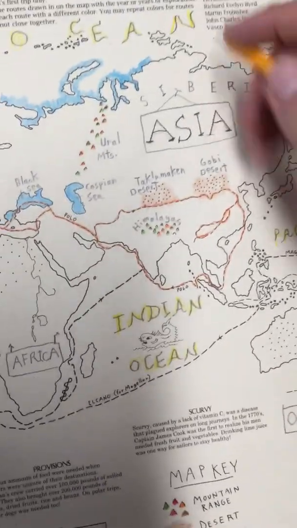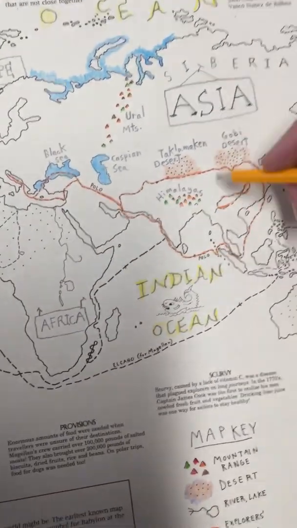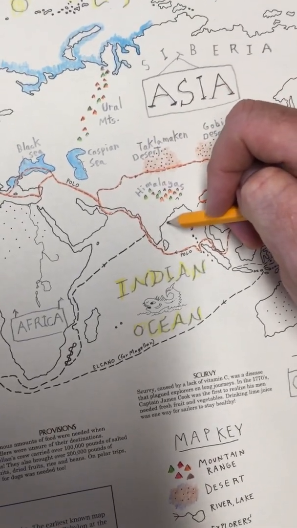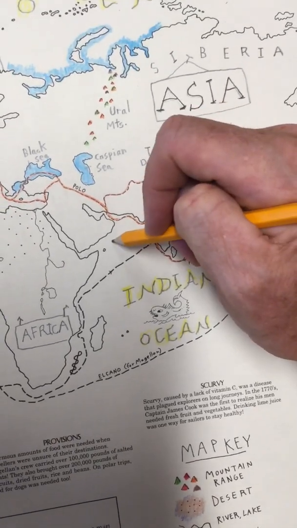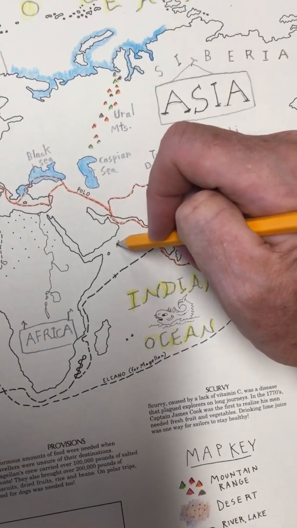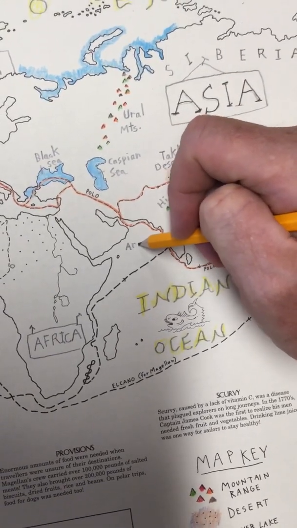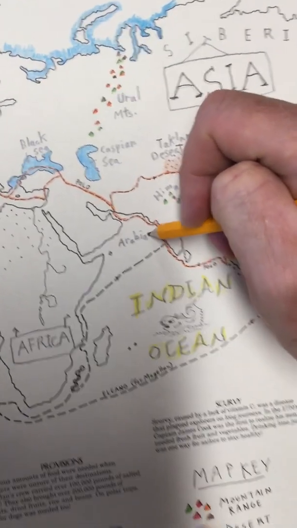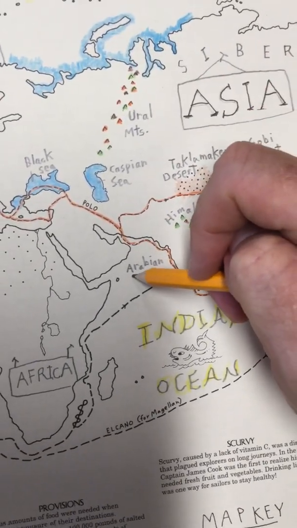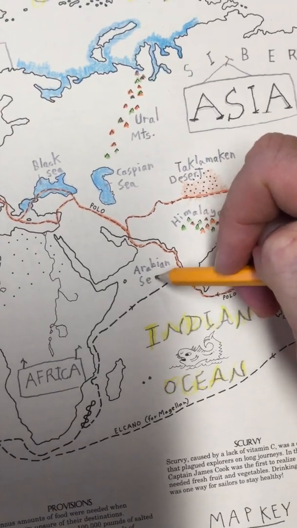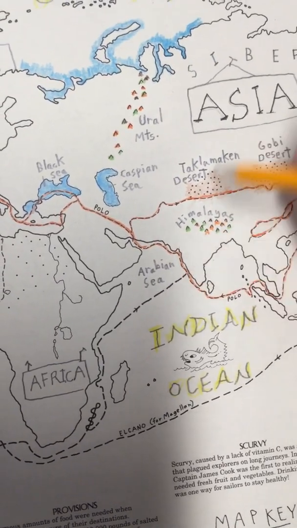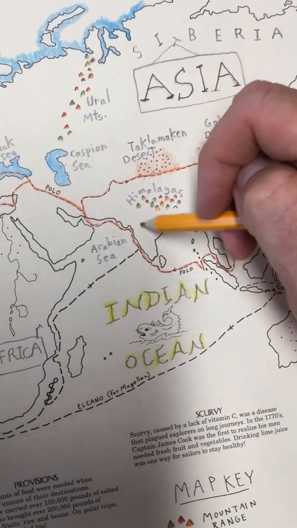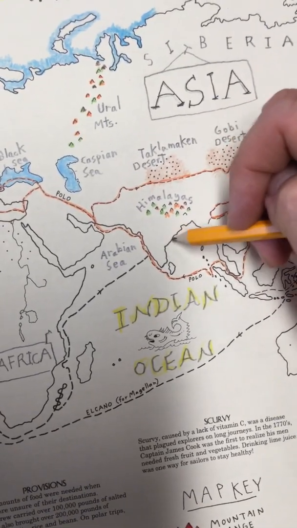I thought maybe we could add a couple of bodies of water in southern Asia. Right here, this is one of the ones in your list. This is the Arabian Sea. And over here is the peninsula where India is located.